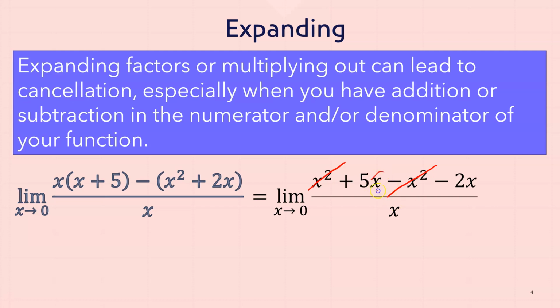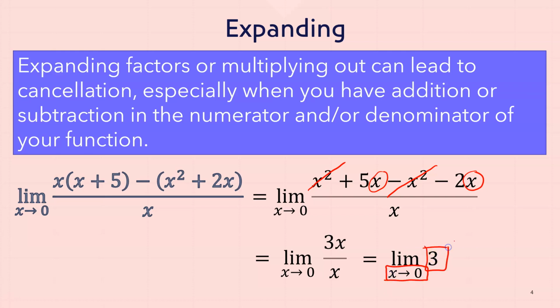Everything has an x here, so we can just divide by x, right? So 3x divided by x is just 3. The question here is saying, when x is approaching 0, where does 3 go? Well, 3 is 3. So the answer to this limit is 3. So expand so that you can cancel things out.